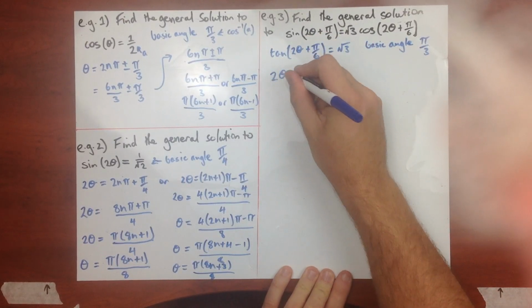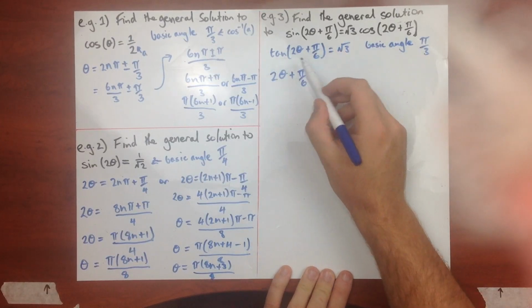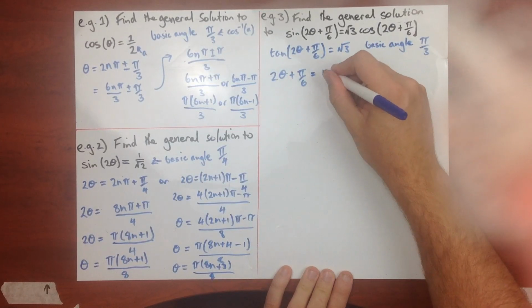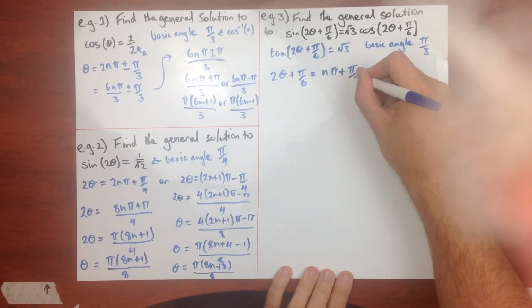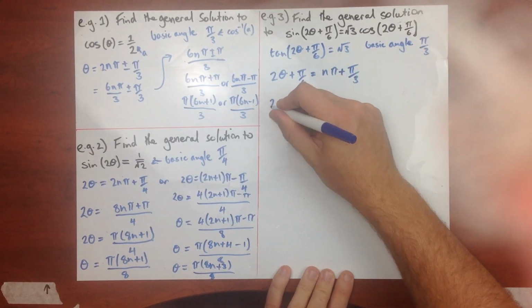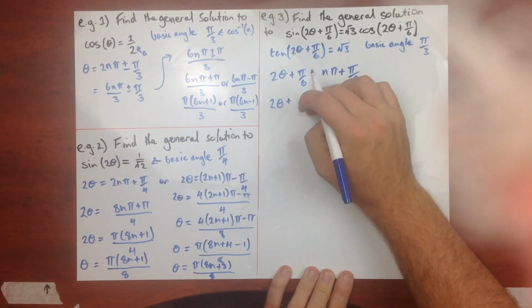Our 2 theta plus pi on 6, of course, because it's whatever's in here, equals our n pi plus pi on 3.